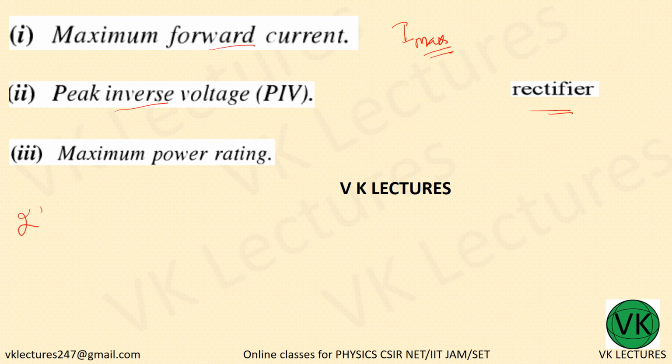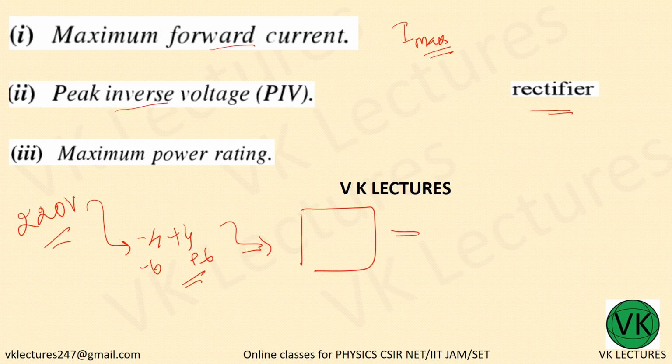We have a 220 volt AC supply, and we step it down to minus 4 to plus 4, or minus 6 to plus 6. We step down to this much voltage and then use our rectifier, and we get the rectified output.